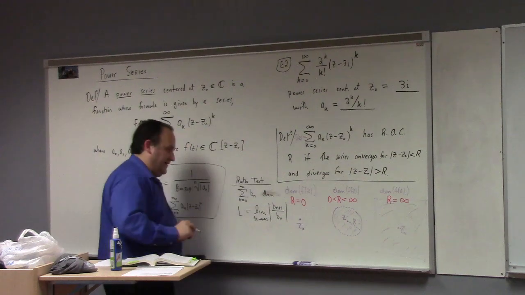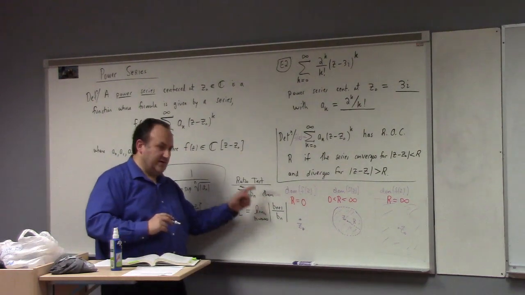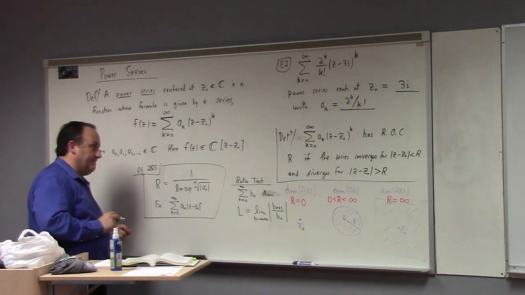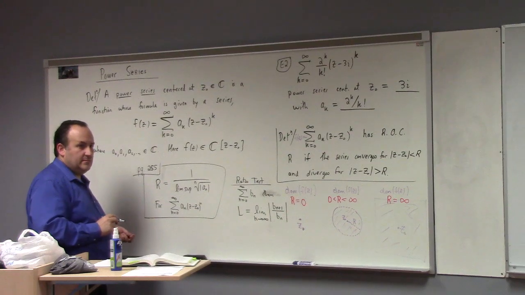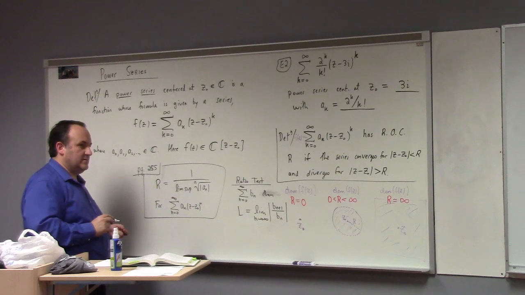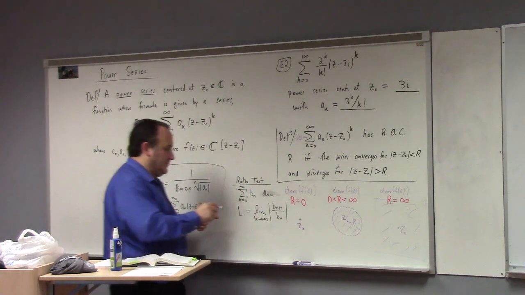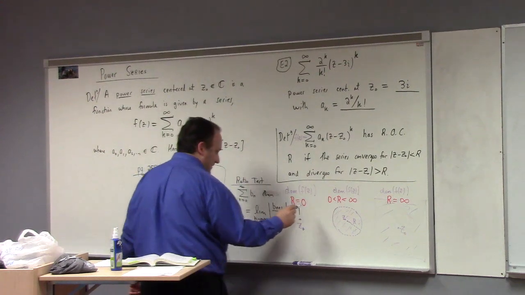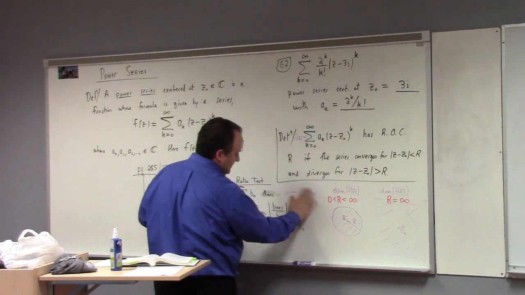It's been a minute since I taught Calc 2. I can't remember. Does the n plus 1 go upstairs or downstairs? I think it's downstairs. Because you want it to be 0, right? Well, we want it to be less than 1. I think it has to be upstairs, because if it's less than 1, then that implies, oh man, I have to erase this.